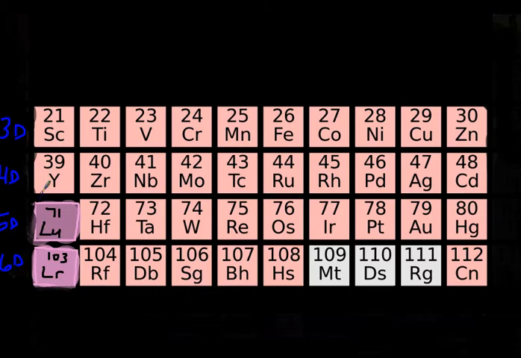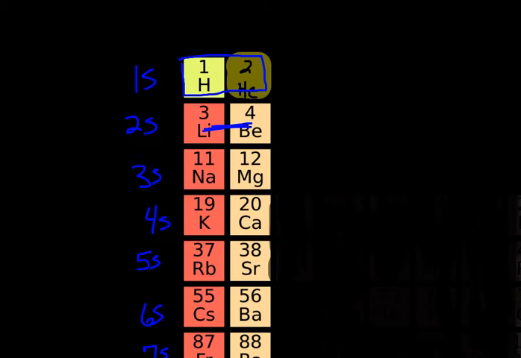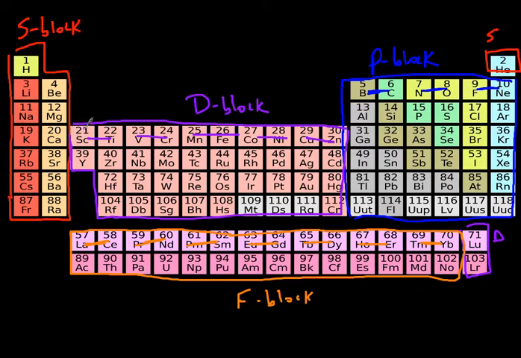Okay, by itself that doesn't look weird, but if we go back to the periodic table, you see that the D block starts way down here on what is row 4 for the S block. So it kind of has its own rules. You just have to remember that D starts at 3. So even though this is row 4 for the S block, it's row 3 for the D block.